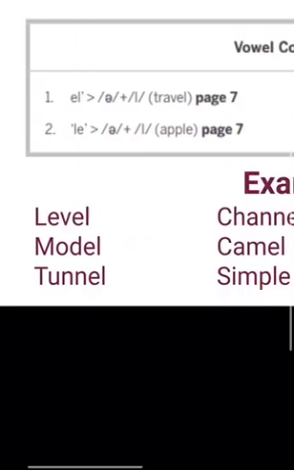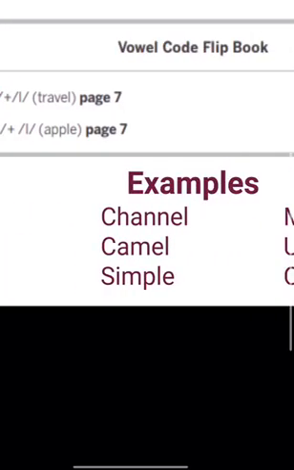Okay, let's go over to the next column, the next group of words that I gave you, and read them together. Ready? Channel, camel, simple. What letters are making that ol sound in these words? That's right. Channel and camel, that E-L at the end is making the ol sound.